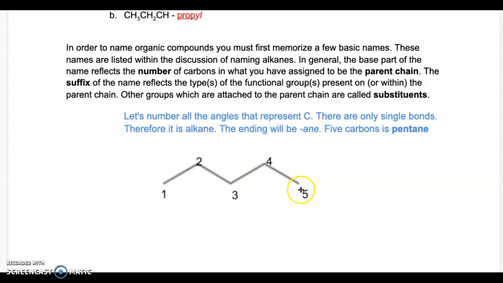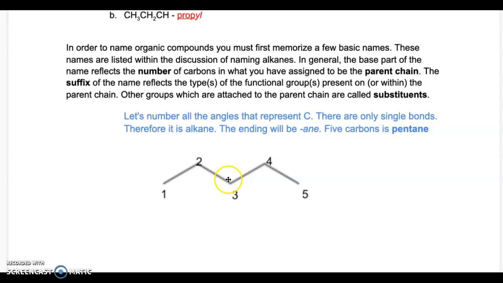In skeletal structures, we do not show any hydrogens, but we assume that each carbon has enough hydrogens to make 4 bonds. So any of them will have 4 bonds, but this carbon will have 3 hydrogens. This carbon will have 2 hydrogens because it's bonded to 2 other carbons, right?